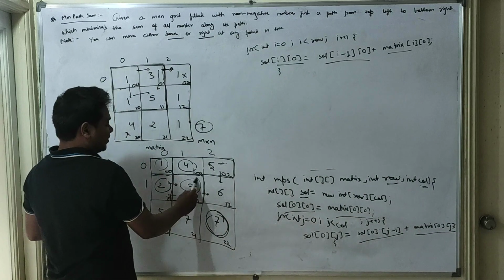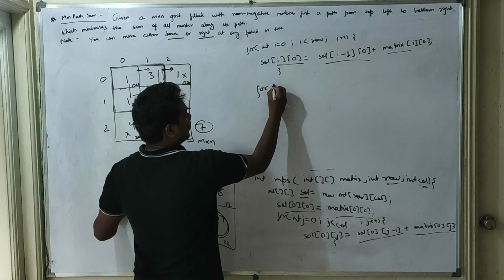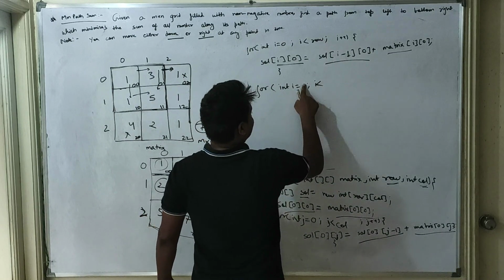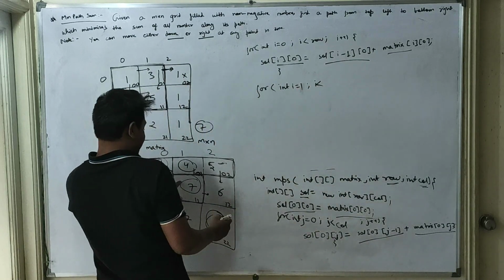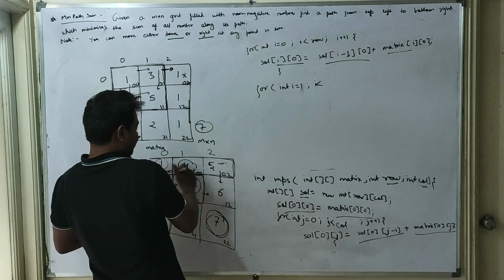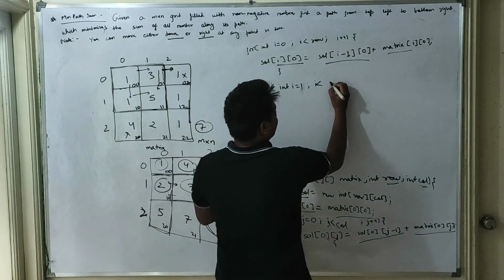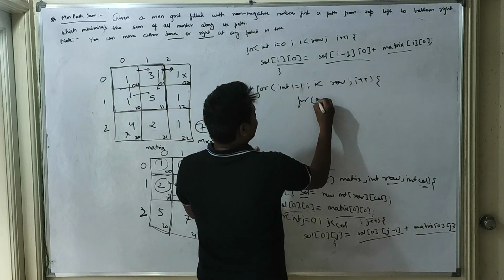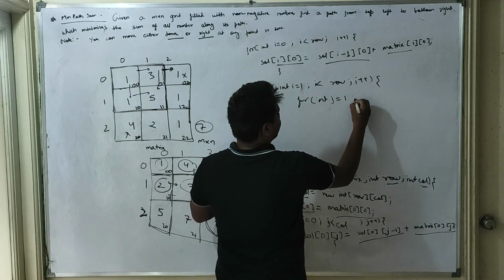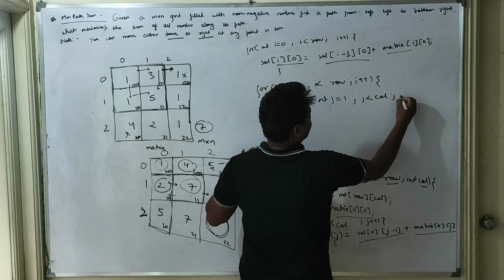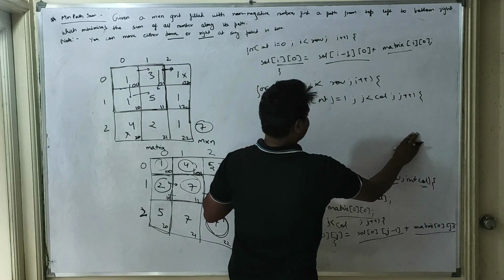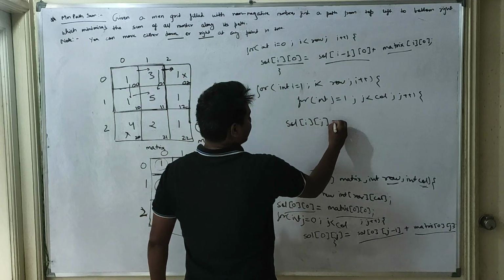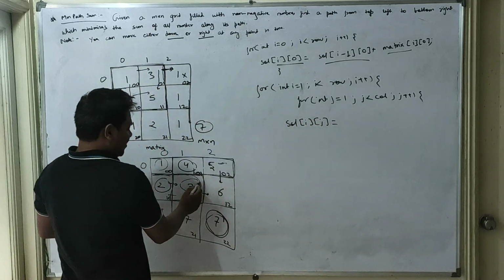Now in order to get this cell, we will be writing two for loops, for integer i equal to 0, i not 0. We will start from 1 because we have already calculated the columns and rows. i less than row, i plus plus, then for integer j equal to 1, j less than column, j plus plus. So solution[i][j] in this scenario would be, we want the value of this cell.